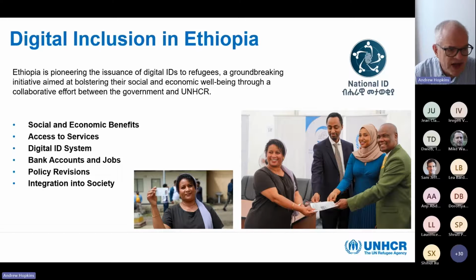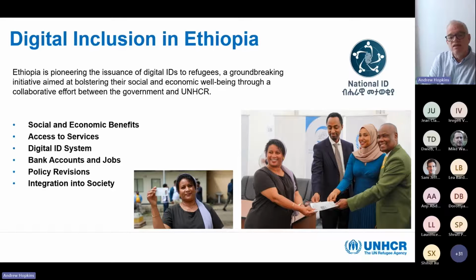So they include access to services, bank accounts, SIM cards, and really a whole range of efforts that result in really positive outcomes for refugees. I just wanted to say that in doing so, we wanted to develop a system whereby the drive for sharing the data is not triggered by either UNHCR or the government, but by the refugees themselves.